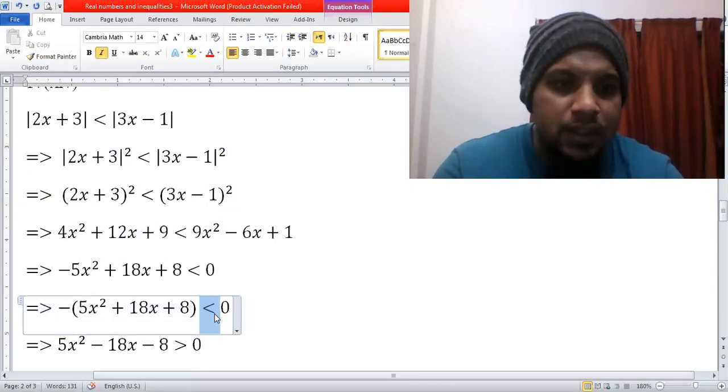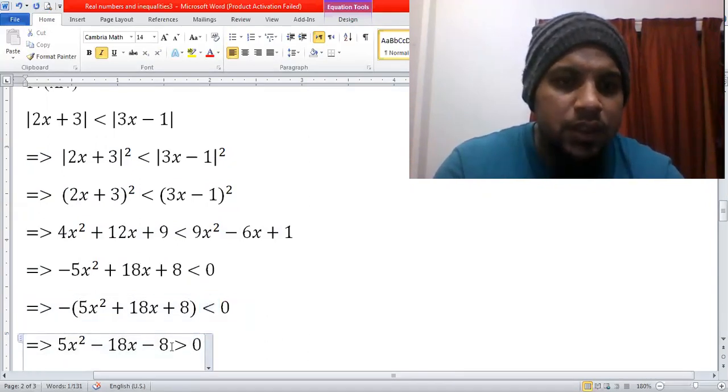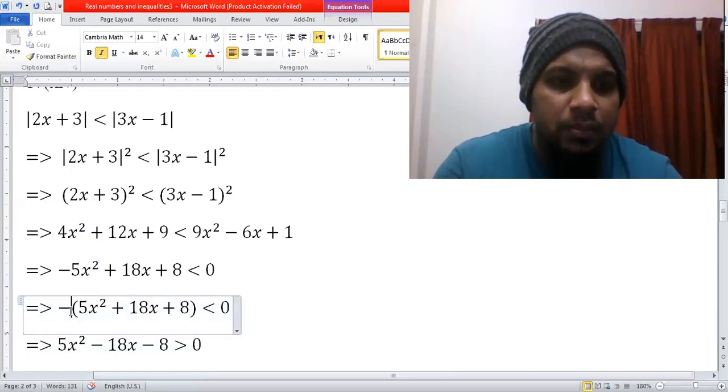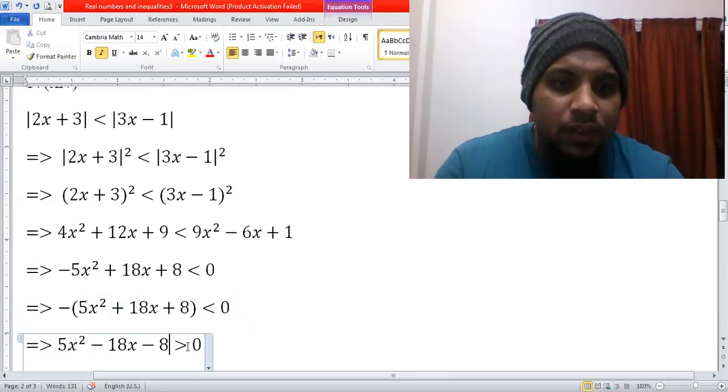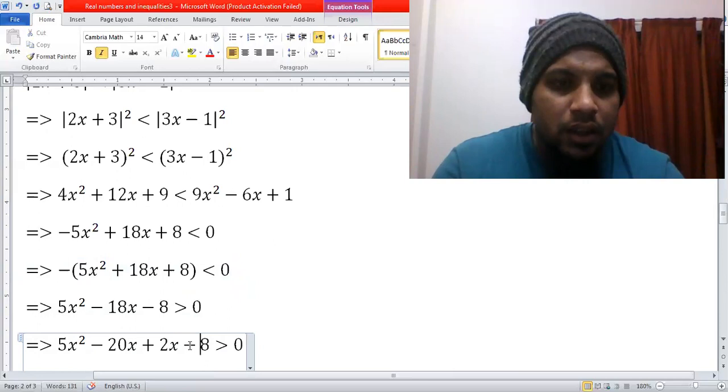It was less than, and it becomes greater than. In the next line we just make the middle factor, 5x squared minus 18x minus 8.